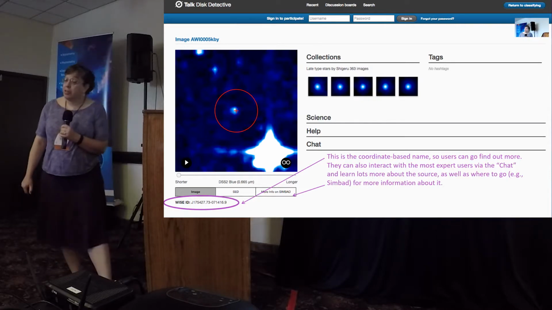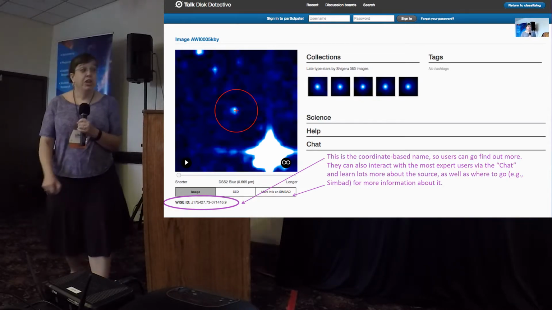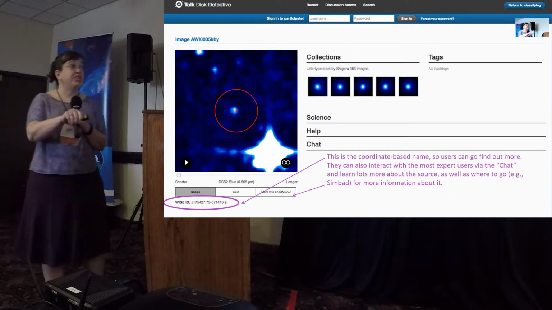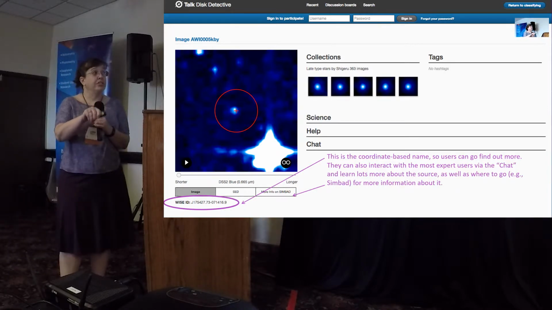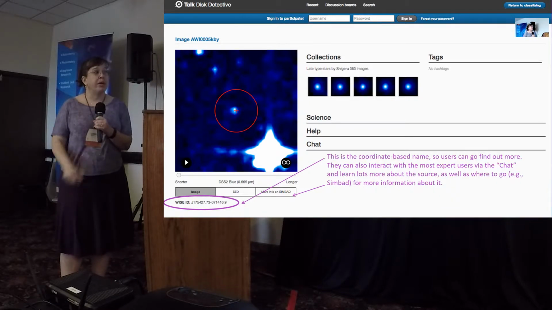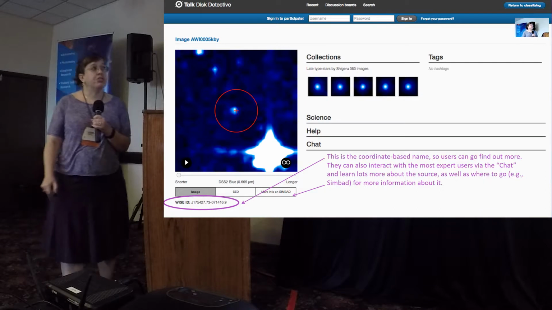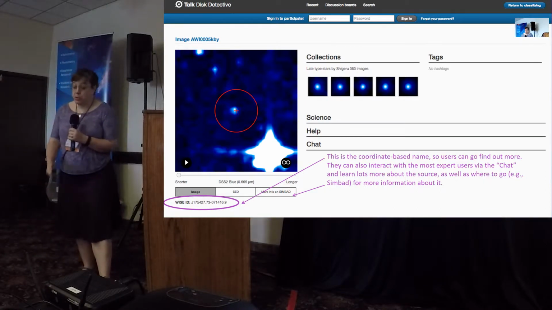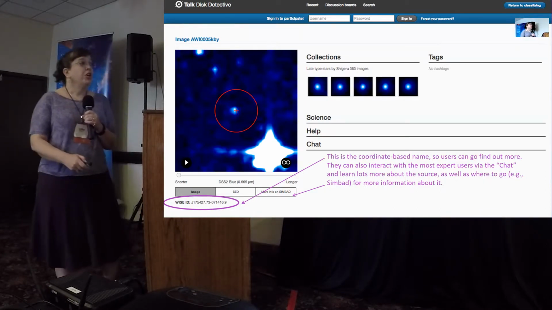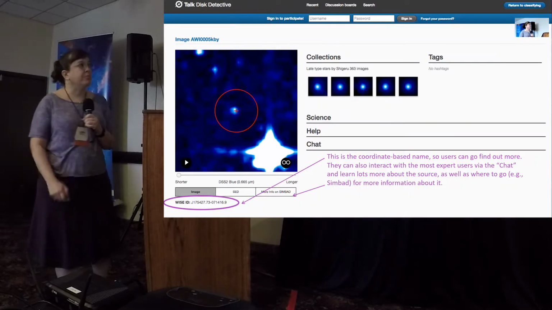So if you're looking for it, you can go deeper. You can go find more information about this object beyond just the picture it gives you on the web page. And there's a link to learn more about the object in Simbad. And this chat field allows you to talk with some of the experts who are working on this project. So it gives you hooks to go deeper if you want.